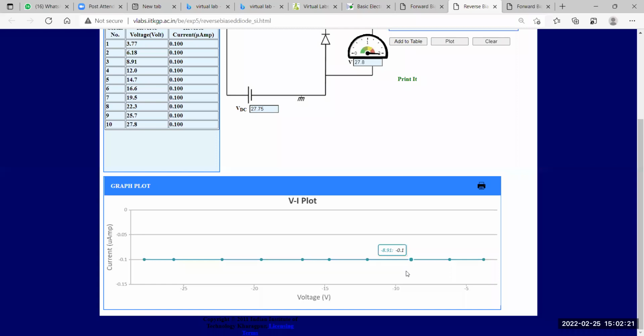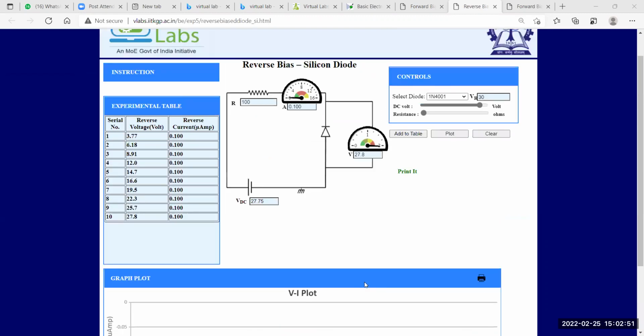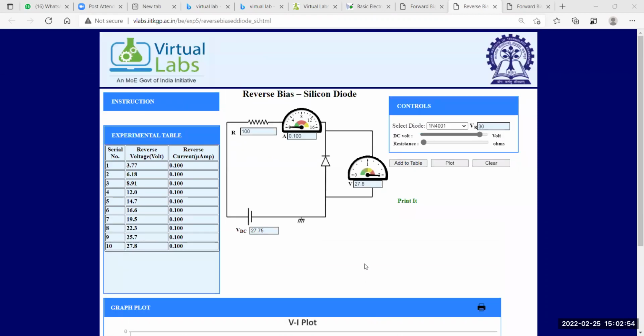Again I am telling you that there is ideally no current, and after you increase the reverse bias, the current starts to increase due to minority carriers. This is the characteristics of reverse bias.